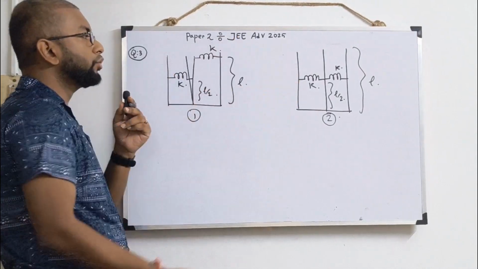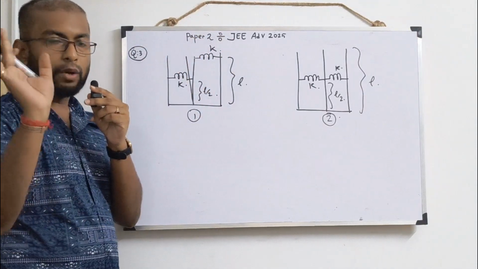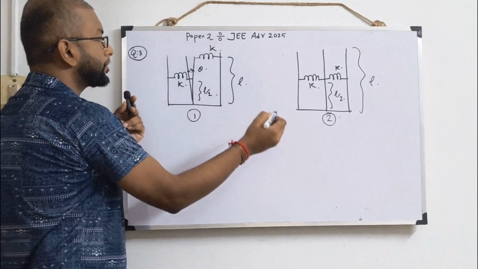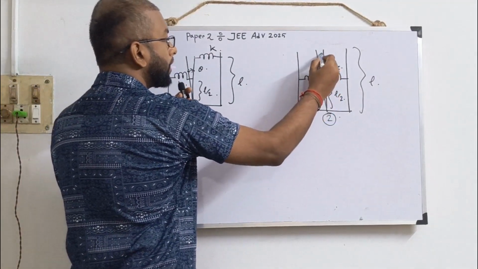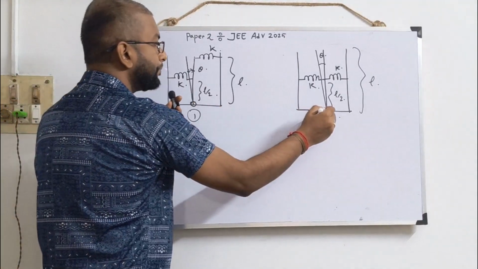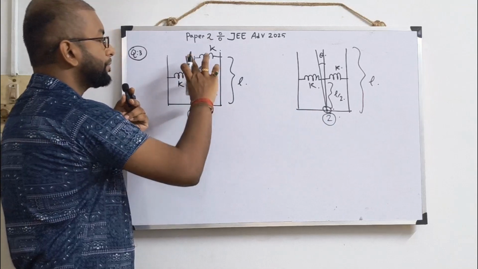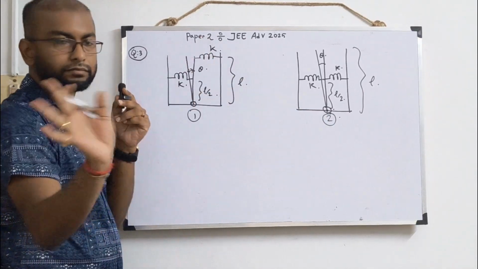So both these rods will be perturbed from their equilibrium position by a small angular displacement of, let's say, theta. This rod is also moved by small angle theta with respect to the point of oscillation. With respect to that point, the entire system will oscillate.